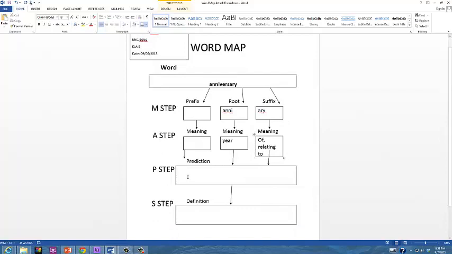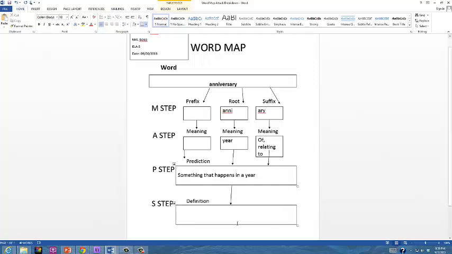My next step is to come up with a prediction definition using your previous knowledge of the word as well as the breakdown of the words and their meanings. So if I look at this, I know that ANNI means year, ARY means relating to the year. So to me that might mean something that happens in a year.